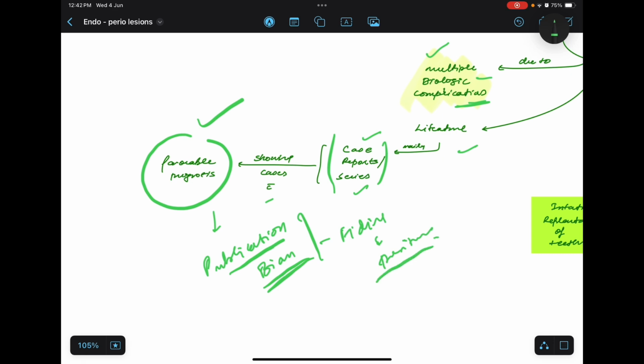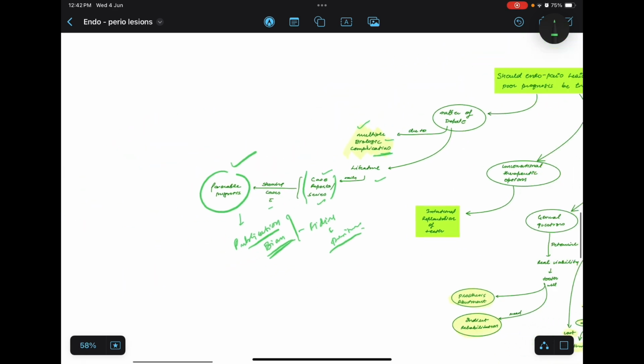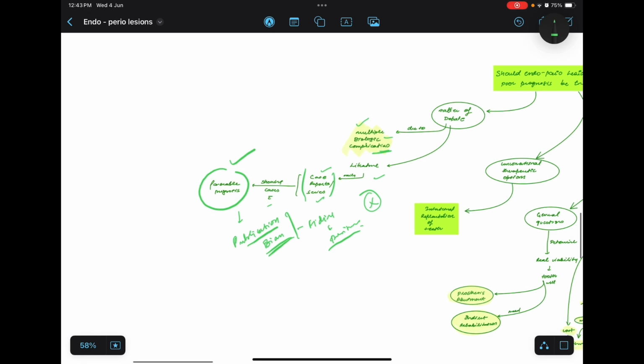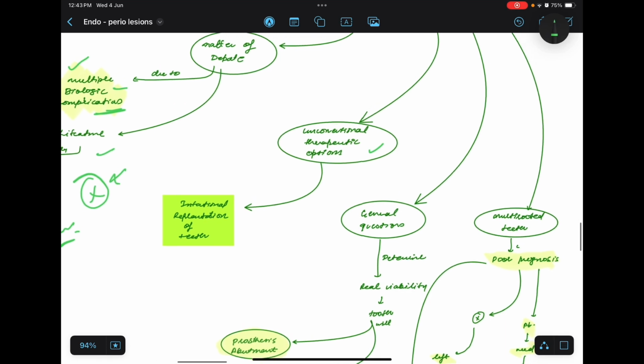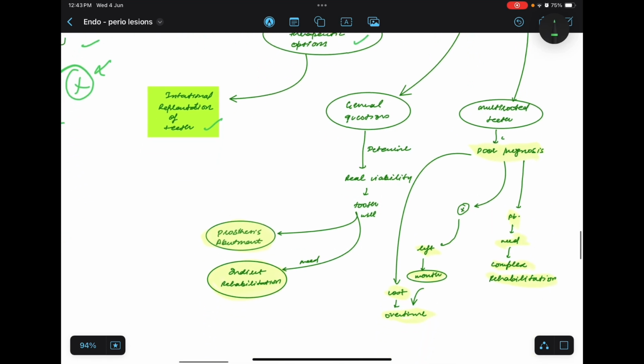So we actually don't get to know a lot about which treatment does not work, or which particular condition has a poor prognosis. Now, there are unconventional therapeutic options also associated, such as intentional replantation of teeth.